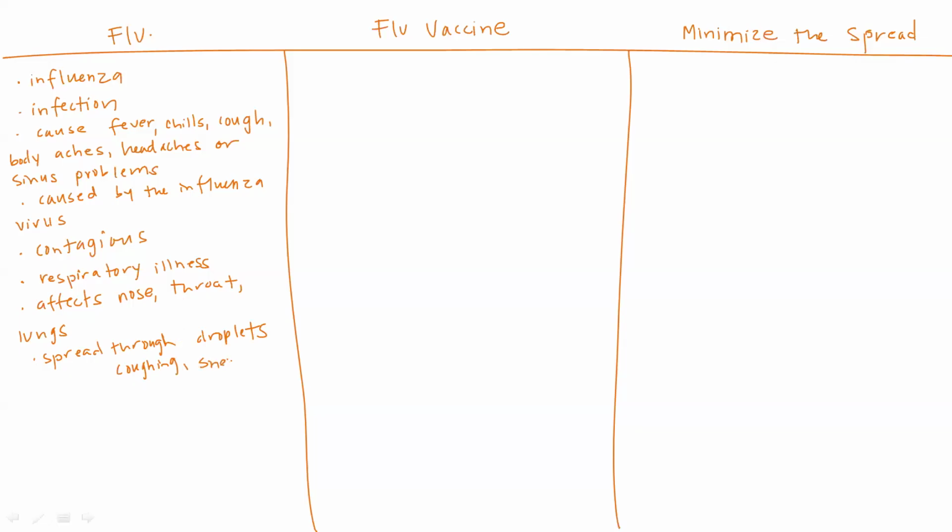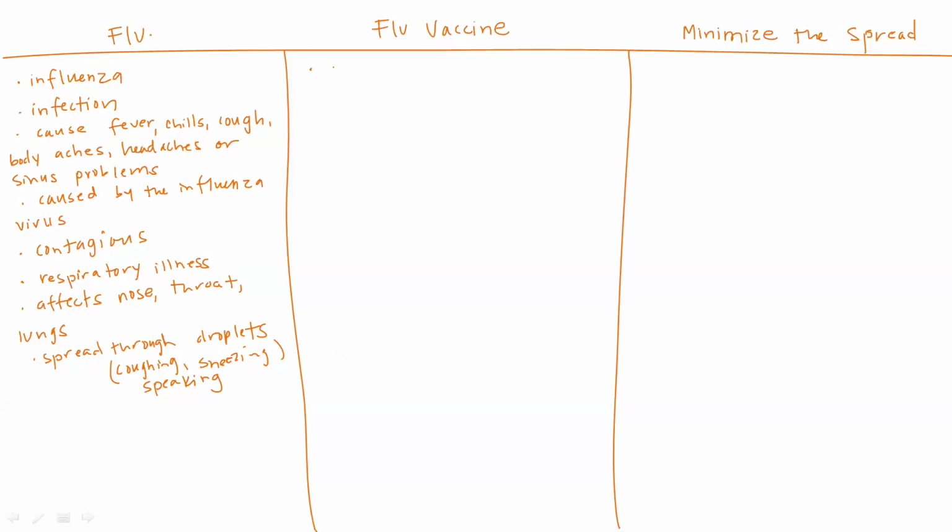Sneezing. And even from speaking. Sometimes when we speak, we spit, and our spit contains the droplets that are contaminated if we're sick. Anything else that we could add to this category here of the flu? Anything else?